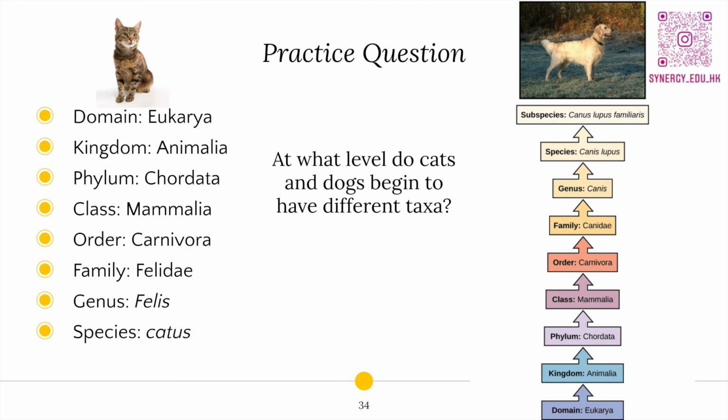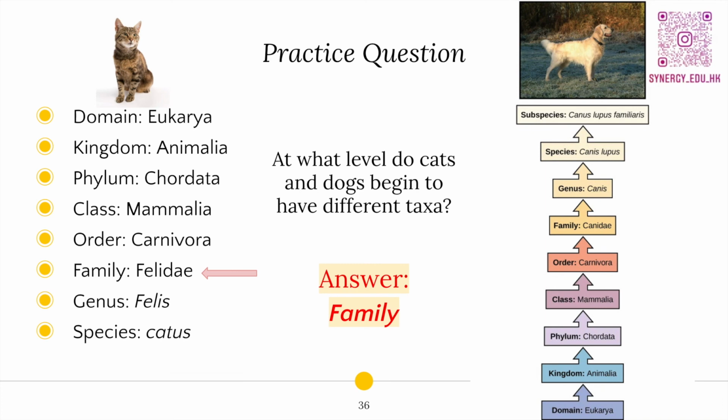So for the second practice question, looking at the classification for the cat as shown before and the dog that was previously shown, at what level do cats and dogs begin to have different taxa? So now take a moment again to pause the video and try the question yourself. So hopefully you arrived at the conclusion that it is family.